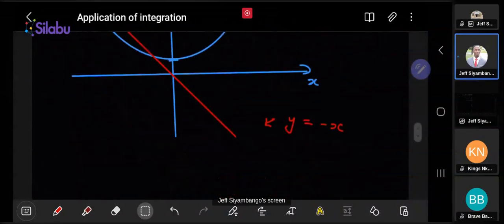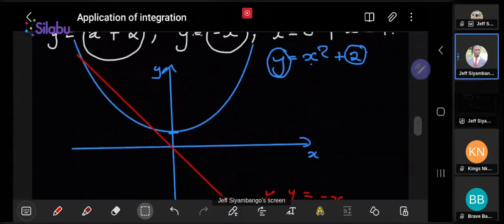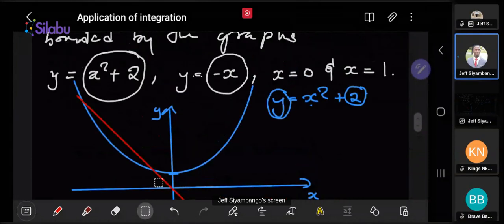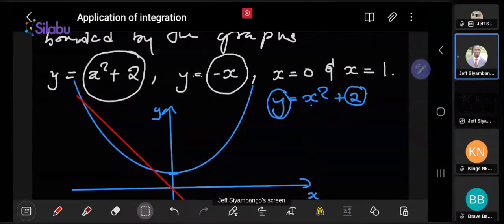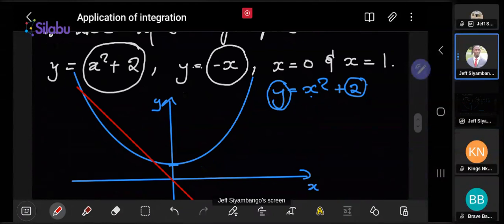Now, what do they want? They want the area bounded by the two curves, the curve in red and the curve in blue. And they're also saying from x is equals to 0 to x is equals to 1. So let me identify those areas.